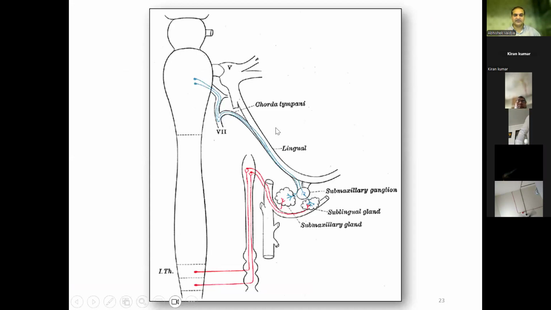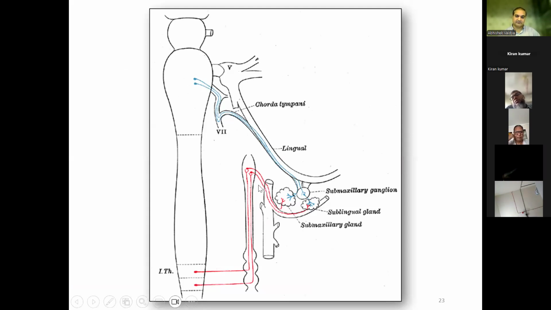Now this once again is a schematic diagram of the nerve supply. As I said, superior salivary nucleus and midbrain, seventh nerve, geniculate ganglion, chorda tympani, passes on to the lingual nerve, goes to the submandibular ganglion, from which the postganglionic fibers arise and are secretomotor to the sublingual as well as the submandibular salivary glands.